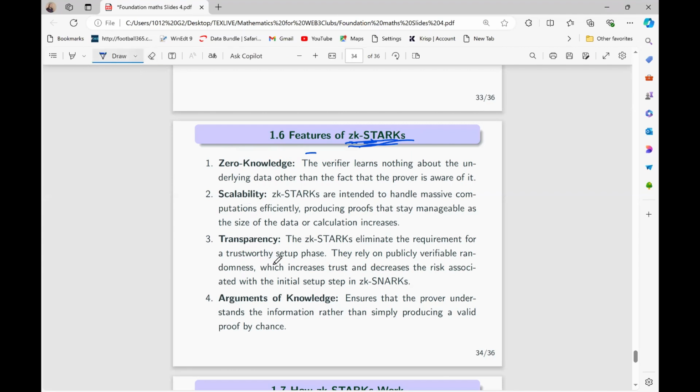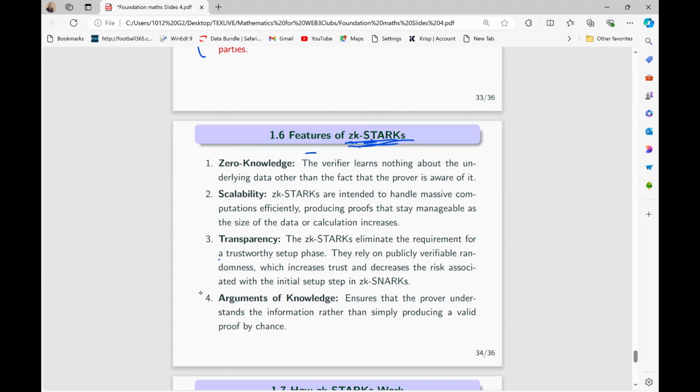Now, transparency here means that ZK stacks eliminate the requirement of a trusted setup. There is a trusted setup, which was number one in the ZK snarks. This T comes now to replace that, so that we do not need the trusted setup phase here. So how do they do it?